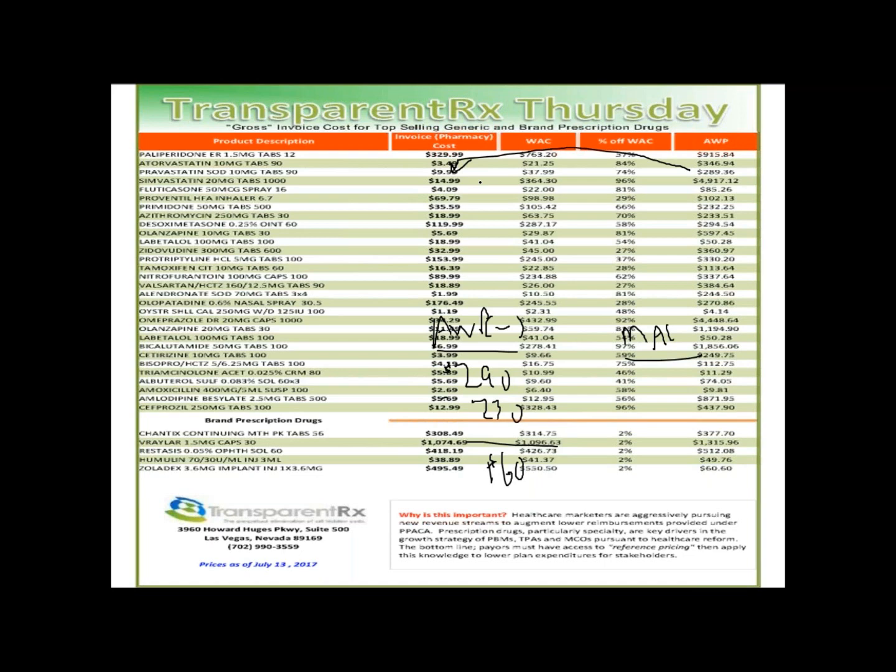So theoretically, the PBM could reimburse the pharmacy the cost of the product, ingredient cost, $10, and mark it up 100% to give the pharmacy a profit, which is tough. Okay, so you saw my profile. I've owned the pharmacy.